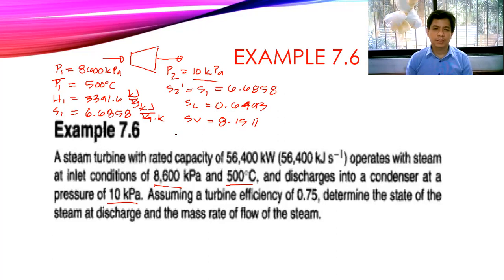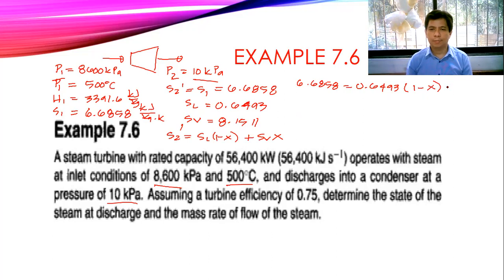So then next you're going to use the quality equation. Dahil niyo pa ba yun? SL times 1 minus X plus SB times X. So substitute nyo lang yung SL at saka SB, saka yung S2 prime. 6.6858, tapos SL 0.6493, plus 1 minus X. X is unknown.